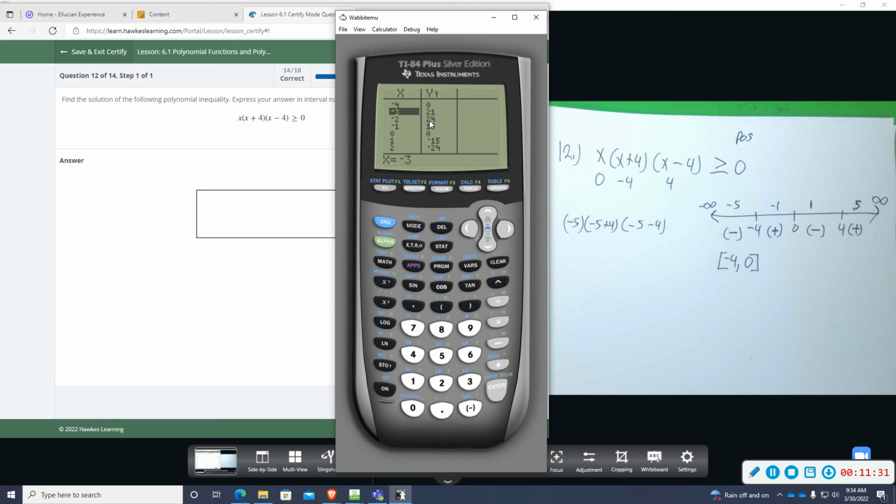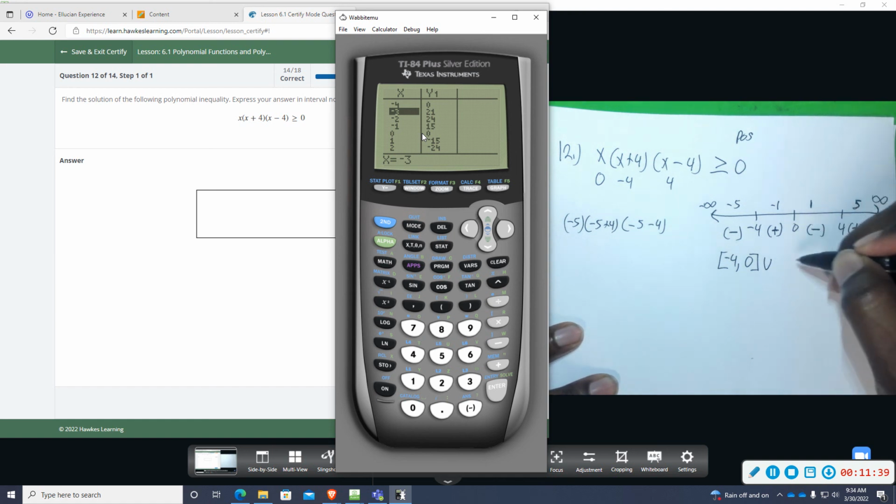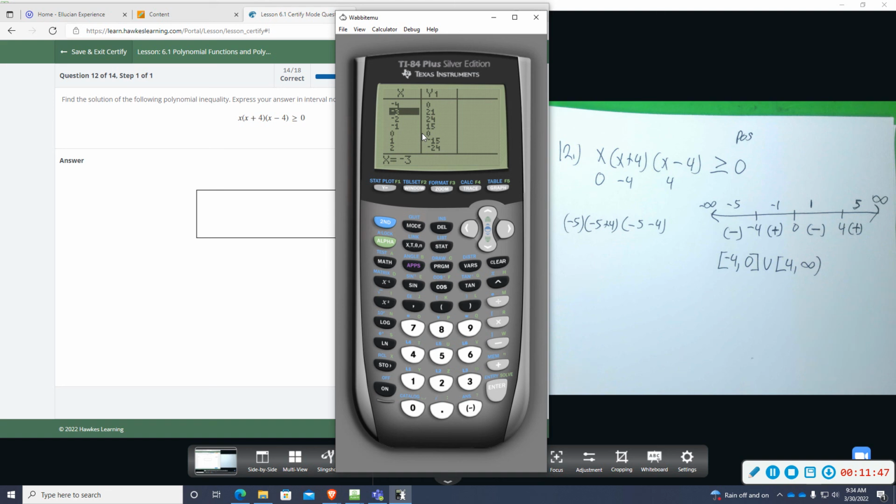And they all will follow the same pattern. And then my last interval is 4 to infinity. So union bracket positive 4 to infinity, close parentheses. So that's how you can use your calculator and it save you a little bit of math and possibly some mistakes if you mess up on multiplying and miss a sign or something like that.